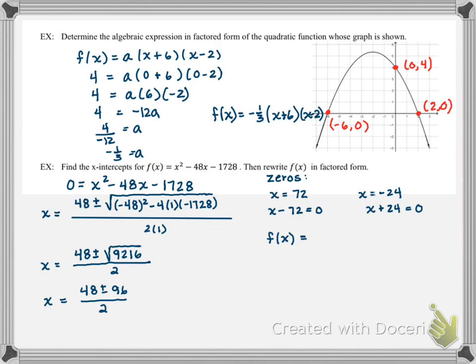Yeah, it's just going to be 1 because I'm given the function in general form and my a is 1, which means regardless of what form I write it in, a is still going to be 1 because we're writing an equivalent function. We're just writing it in a different form. So it's going to be x minus 72 times x plus 24. And if you like to put the 1 there, you can put the 1 there.